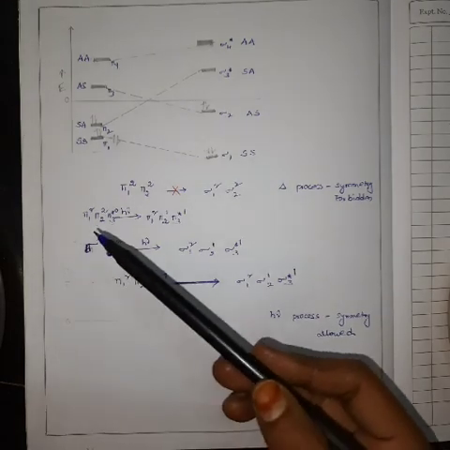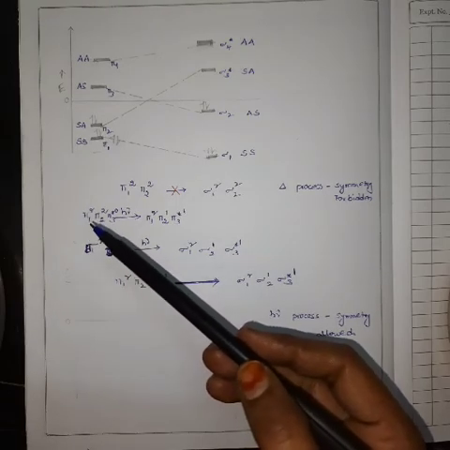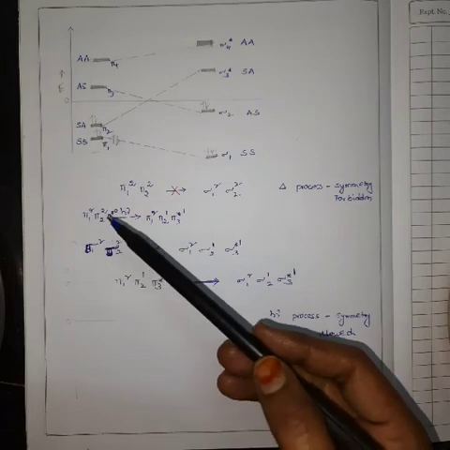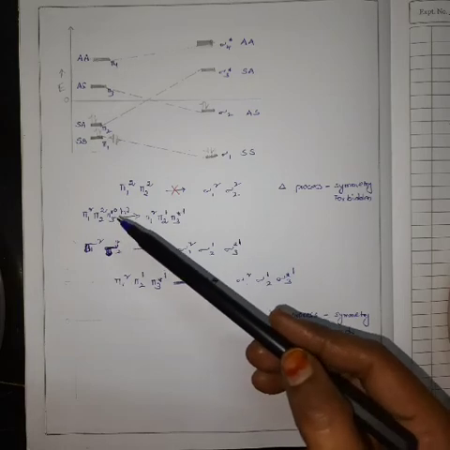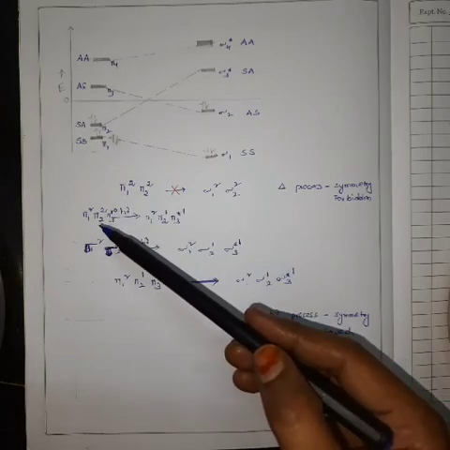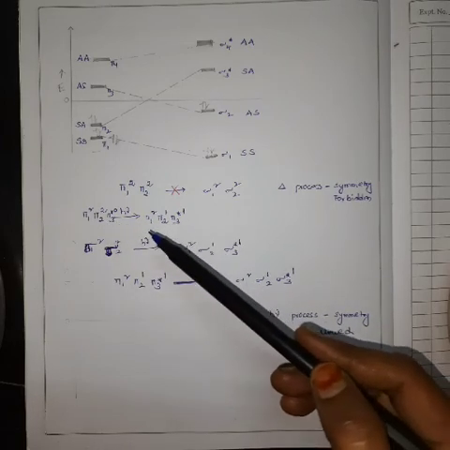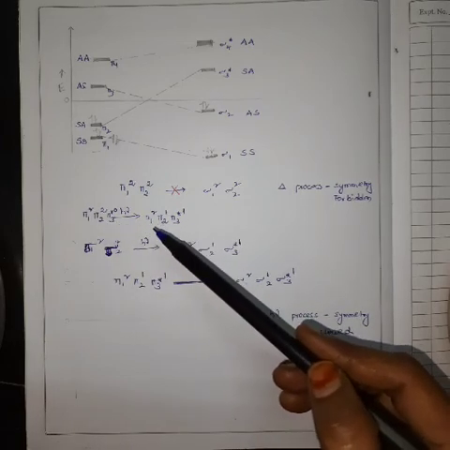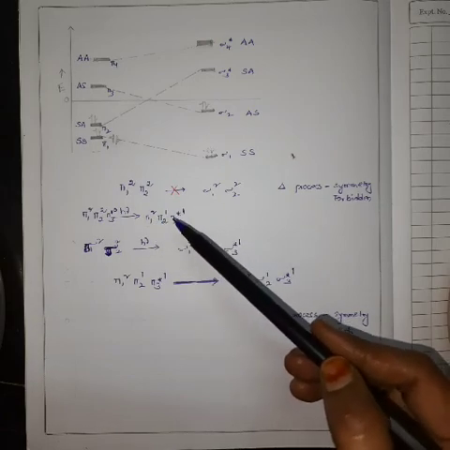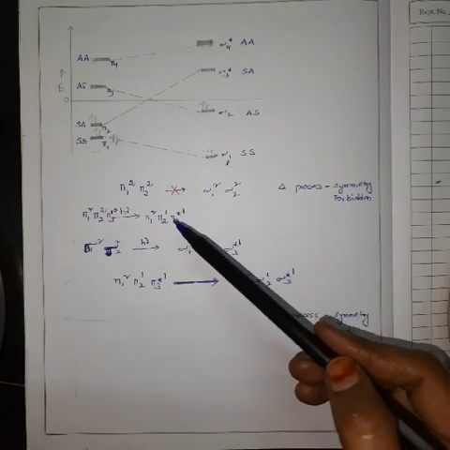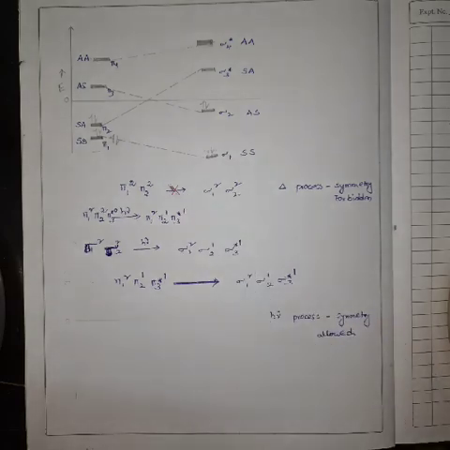The ground state electron configuration of the reactant is pi 1 2 pi 2 2 pi 3 0, which on irradiation with light, an electron from the pi 2 orbital is excited to the pi 3 antibonding orbital. Then the electron configuration changes to pi 1 2 pi 2 1 and pi 3 star 1. So an electron is excited from pi 2 to pi 3.